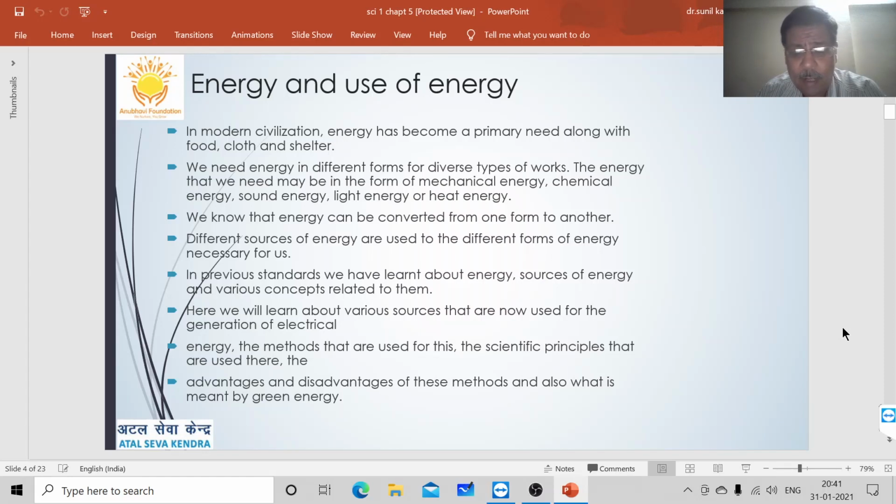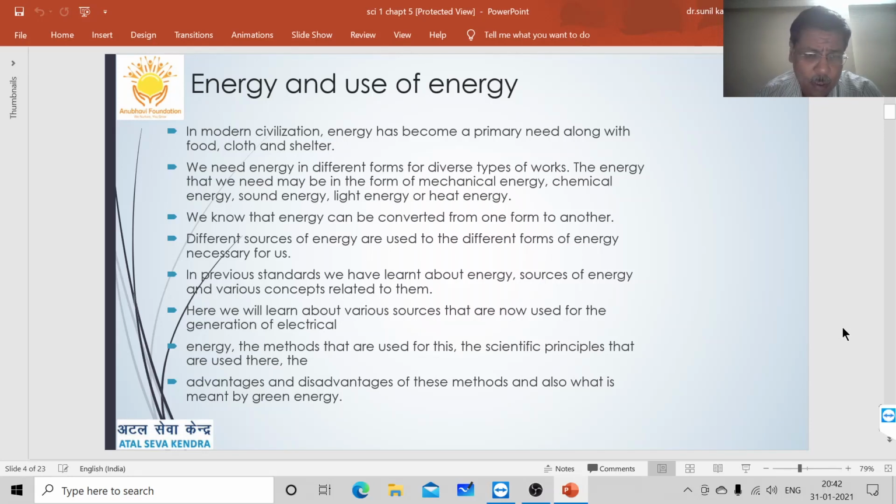Okay, we need energy for diverse types of work. We require energy in the form of mechanical, chemical, sound, light, and so forth. And we know, according to the law of conservation of energy, energy can be converted from one form to another. Different sources of energy are used for different forms of work.